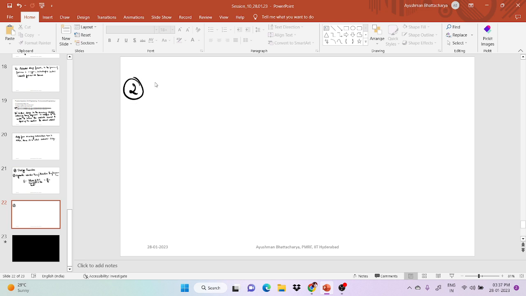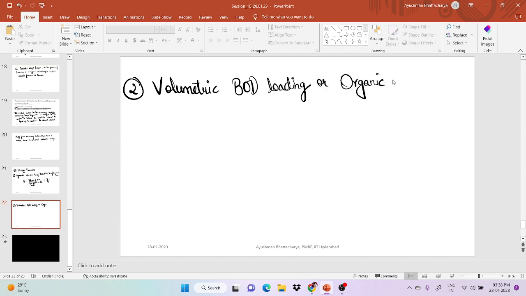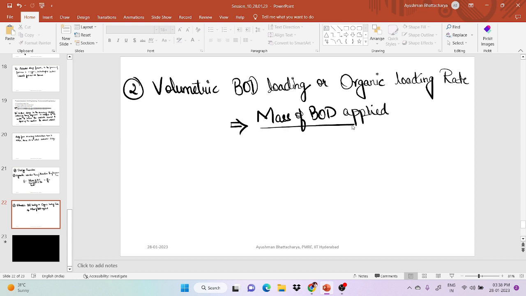Volumetric BOD loading, or organic loading rate, is equal to the mass of BOD applied per unit volume of the aeration tank.